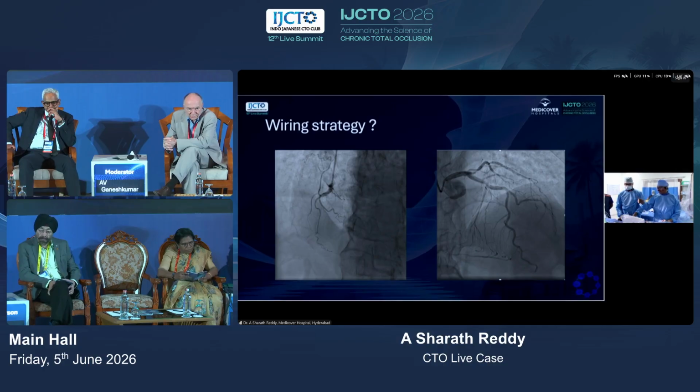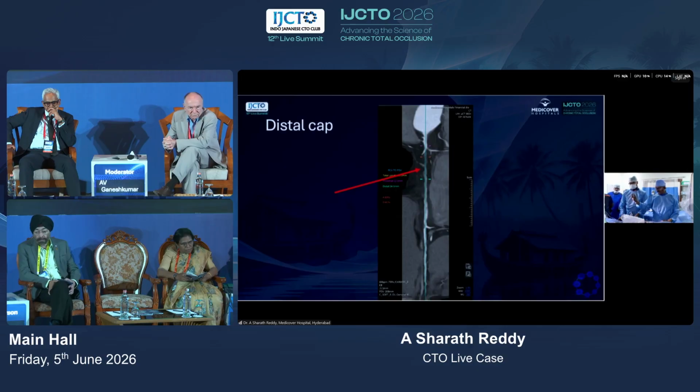That is one negative for IVUS-guided cap puncture, because the visibility is not great. If that doesn't work out, I'll go retrograde. When I go retrograde, there is a branch even at the distal cap that can probably trouble. The only savior is that the entire CTO is non-calcified. I think that's the savior in this case.